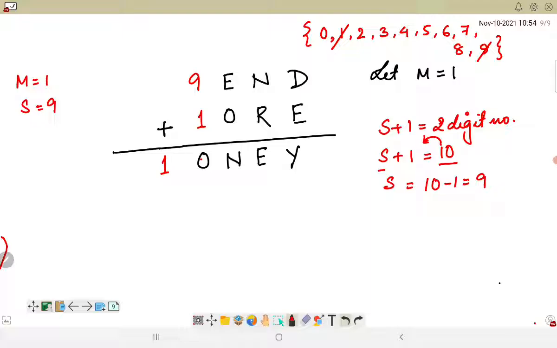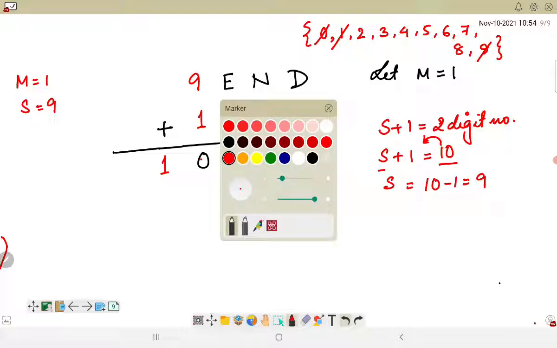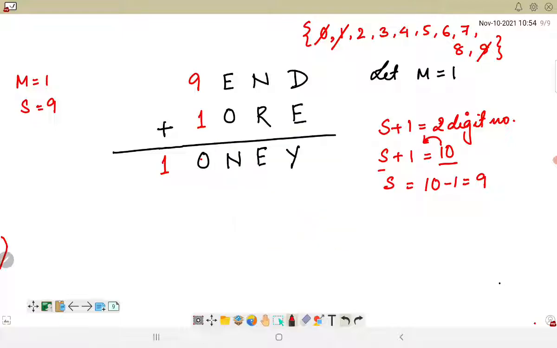This O would be replaced as 0. So 0, is it available? Yes, 0 is available. So 0 also goes off from that list, and we will simply use 0 here. There are two O's, so we will remove this O and we will put 0 and 0 here. So O is equal to 0. So we got three different values.